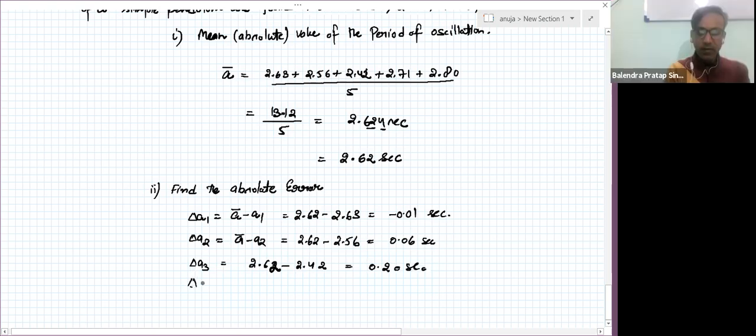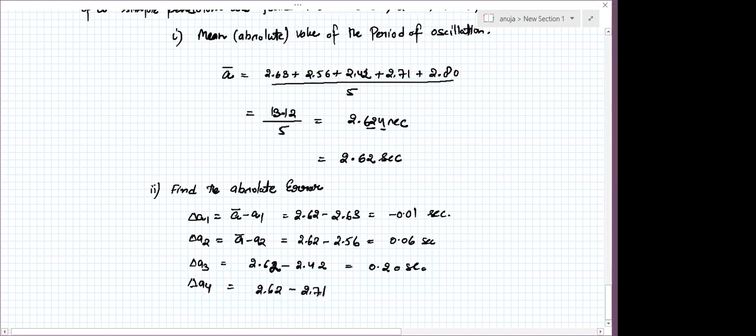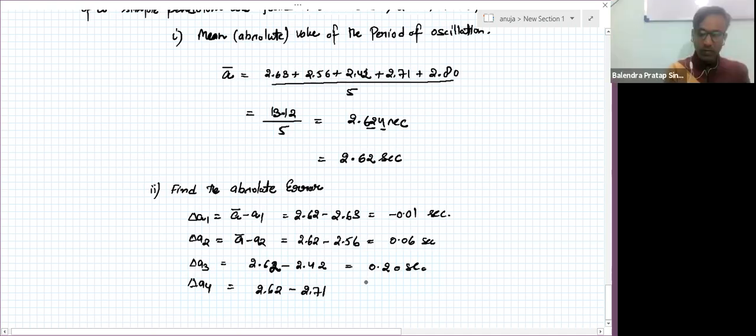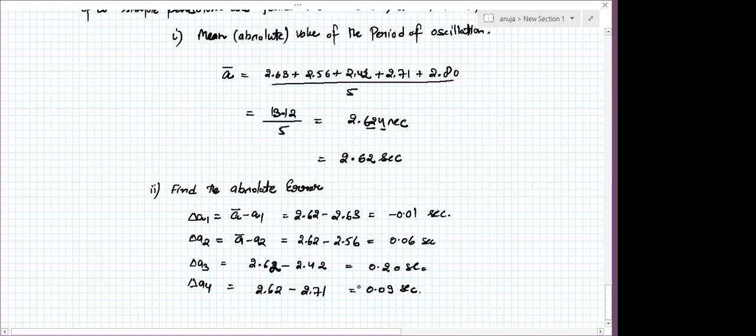Next, delta A4 is 2.62 minus 2.71, so you get minus 0.09 second.